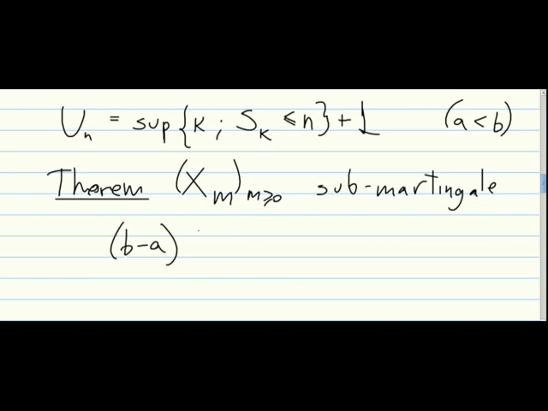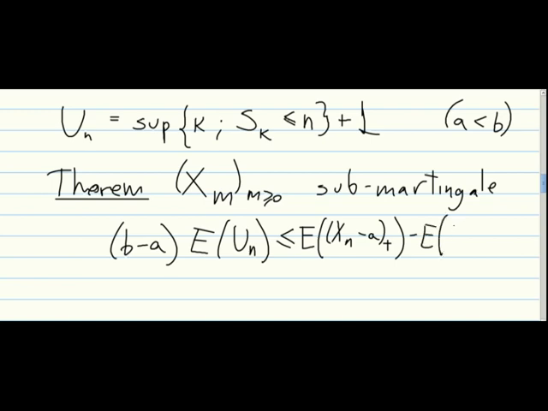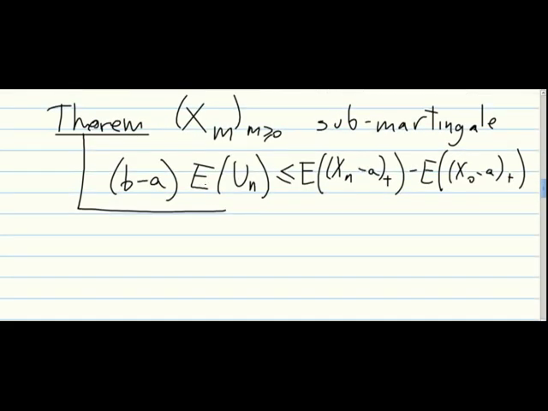B minus A times the expected number of upcrossings, of times we go from A to B, is bounded by the expectation of Xn minus A positive part minus the expectation of X0 minus A positive part. So don't worry much about the right hand side for now. What is interesting is that we are bounding the expected number of times we go up.